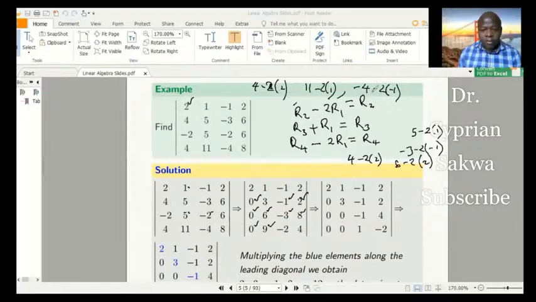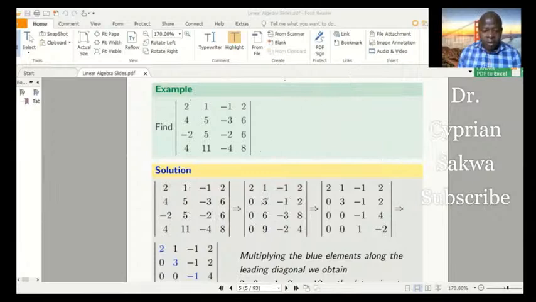This will be negative 2. And then 8 minus 2 multiplied by 2. This will be 4. So I'm done with this, the first column.